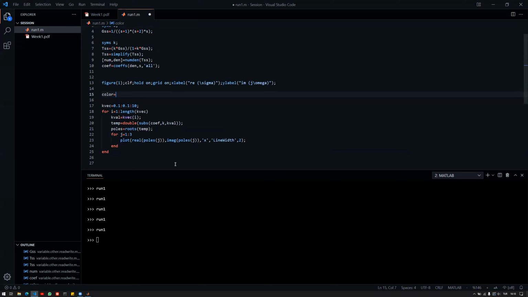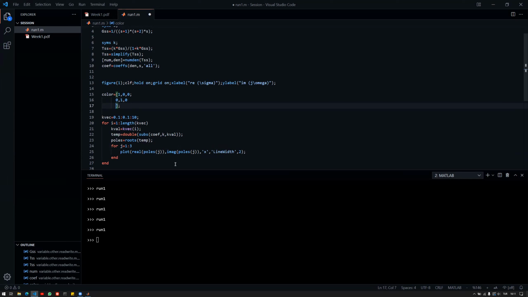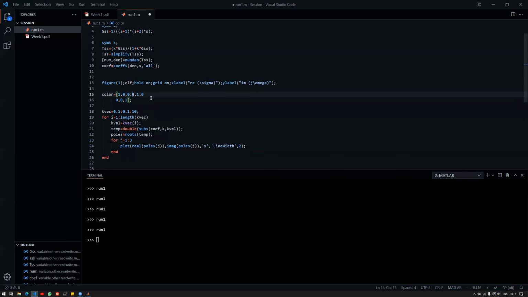If you want to define a color vector, for red, you can provide RGB values like this, 1, 0, 0. And let me also define green, and maybe also blue. So now this is basically a matrix. This is not a vector, this is a matrix.